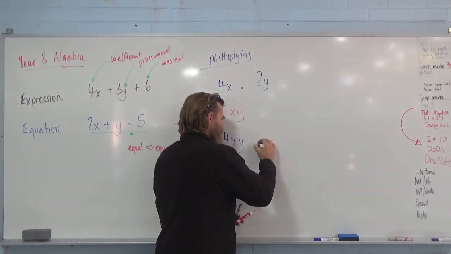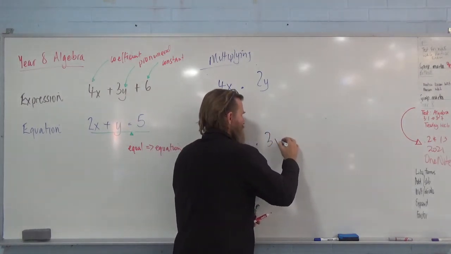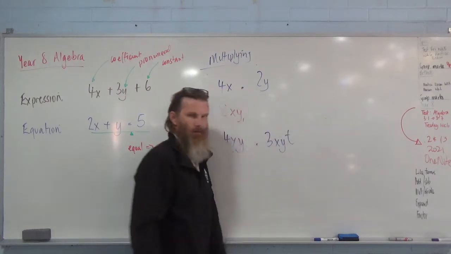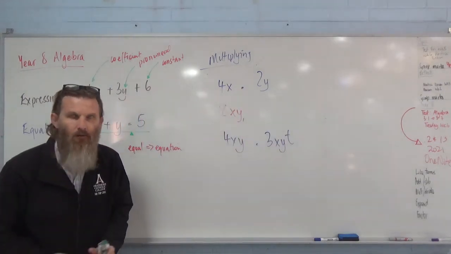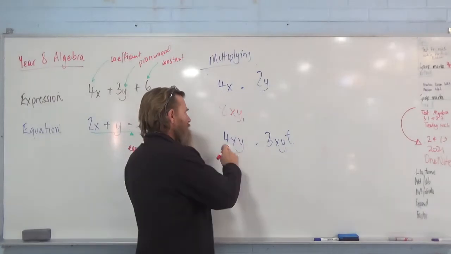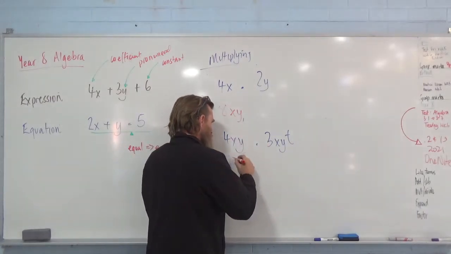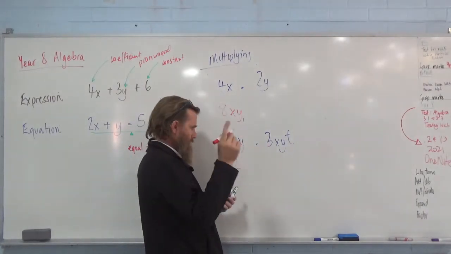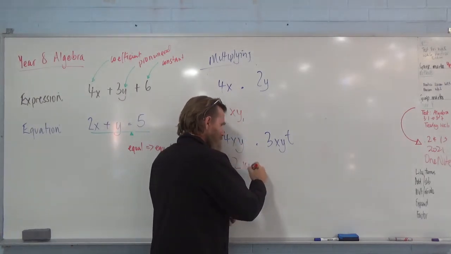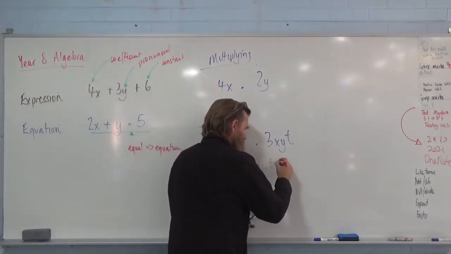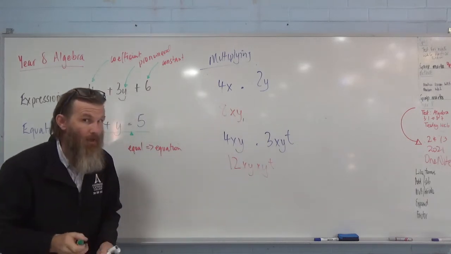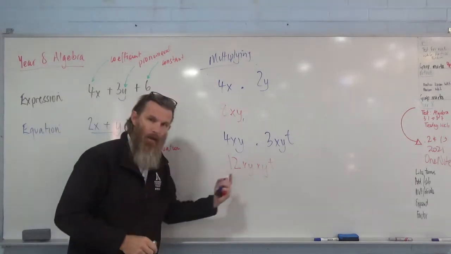4xy times 3xyt. Make it harder. Doesn't matter. Follow the rule. Multiply the numbers. 4 times 3 is 12. Place the letters. Now watch. xy, xyt. Now, we're not quite done because we can tidy up here.